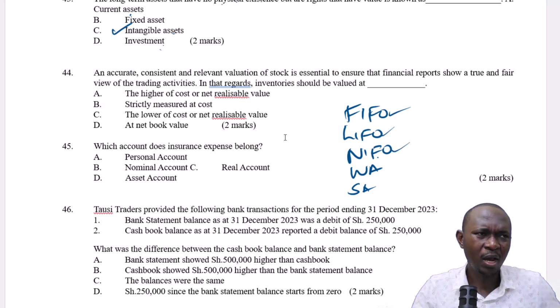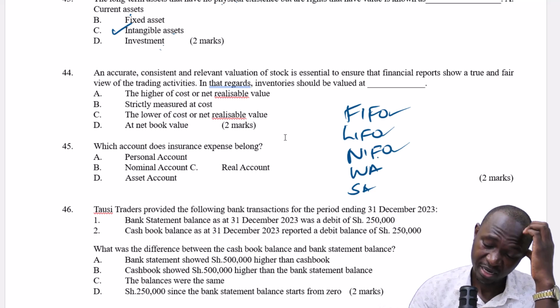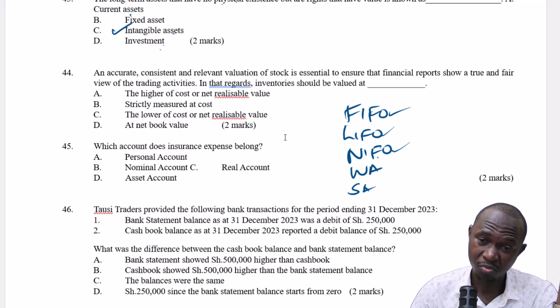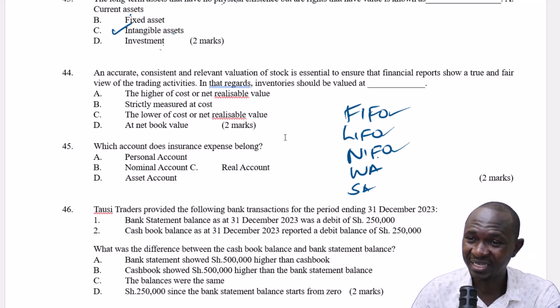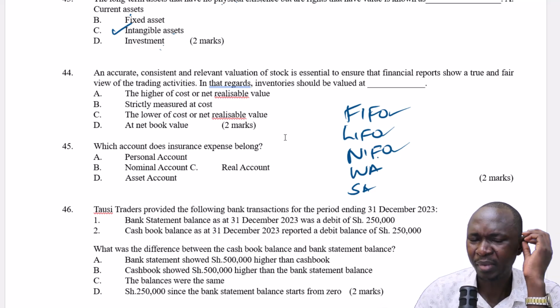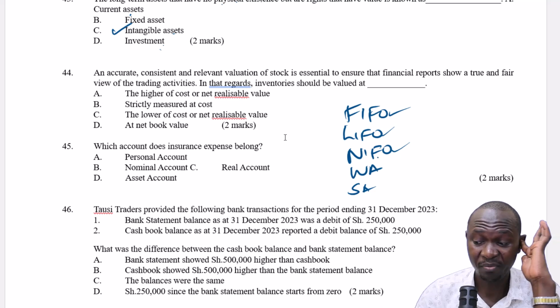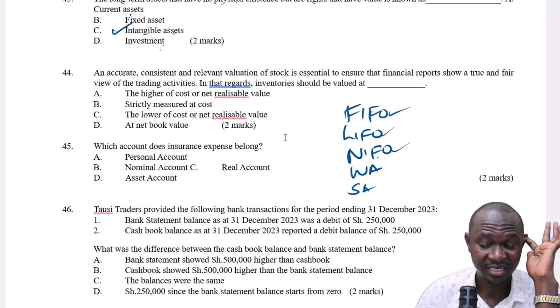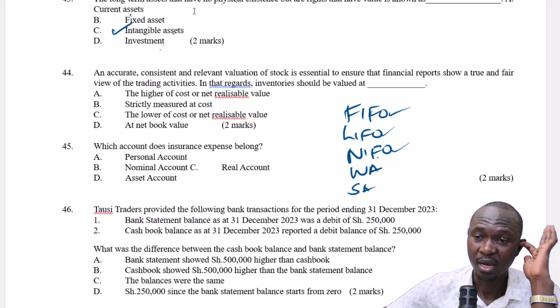And why the value of the next incoming stock? Why do we keep on changing? Because the bottom line is that we don't want to overstate the value of stock. That is the most important thing. We want to capture things as they are, but of course all of them have disadvantages and advantages, and that's why we have quite a number of them being used here.